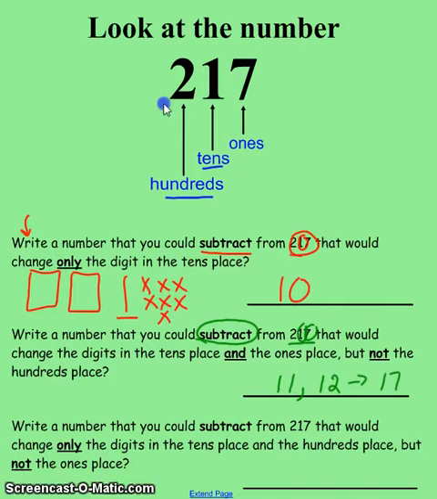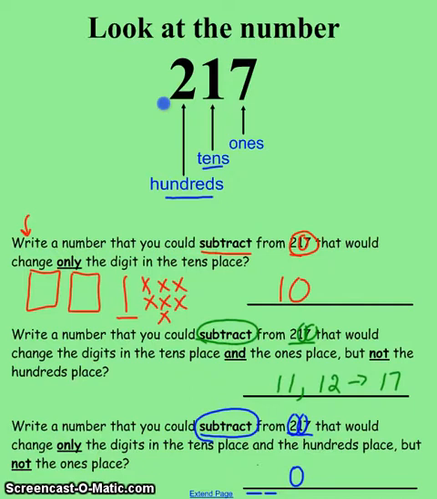The last question says to write a number that you could subtract from 217 that would change only the digits in the tens place and the hundreds place, but not the ones place. So as was stated earlier, you want to keep a 0 in the ones place, and then think about what you have to subtract from the hundreds place and the tens place to change that number.